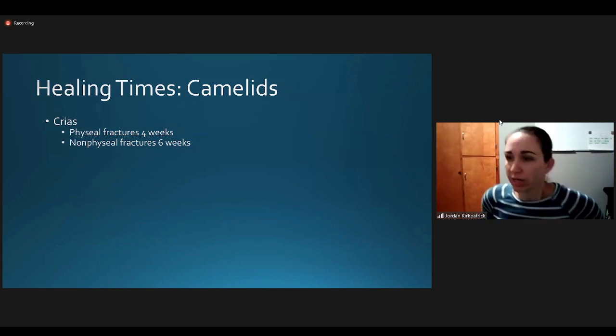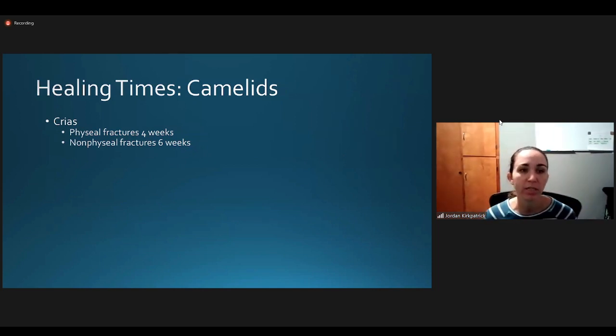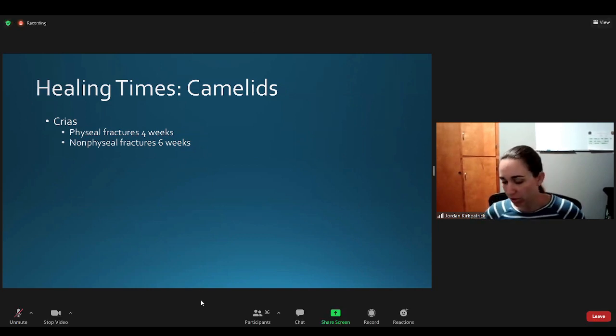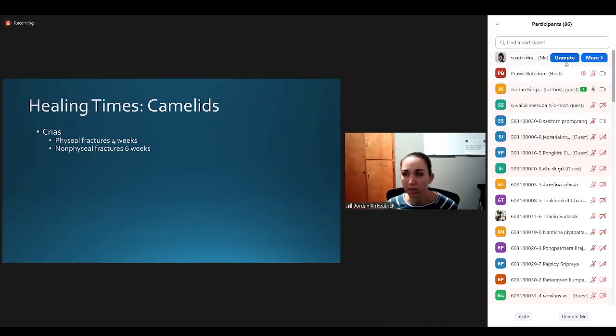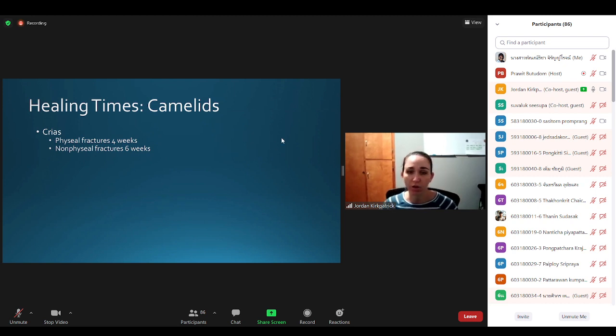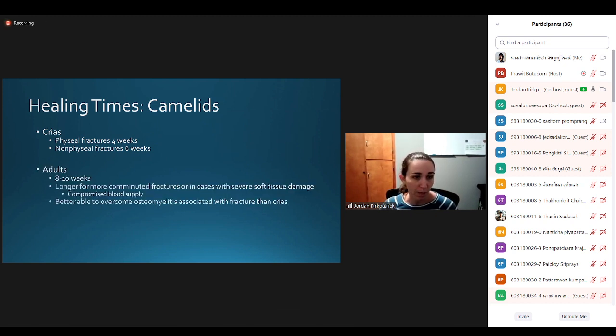Healing time, so crias, the young camelids, physeal fractures heal in about 4 weeks, and non-physeal fractures about 6 weeks. Again, the younger they are, the quicker they heal, because their body is just producing bone and trying to grow, so they heal really well.